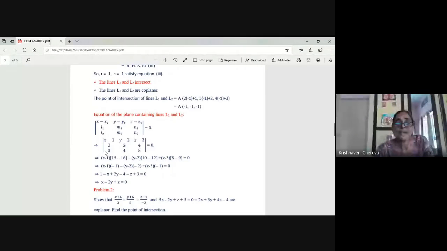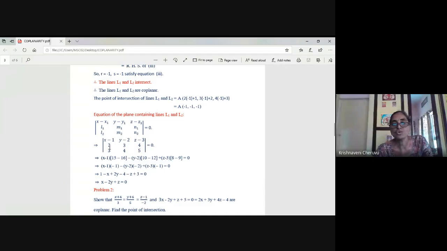You know how to expand a determinant, girls. X minus 1 is in the first row and first column. So x minus 1 into, ignoring these two, you multiply 3 with 5 minus 4 into 4. That's what I wrote: 3 5s are 15, 4 4s are 16. Then put a minus sign and write this one, y minus 2. Ignore the second column and first row.